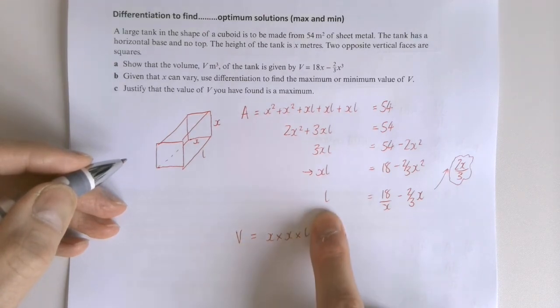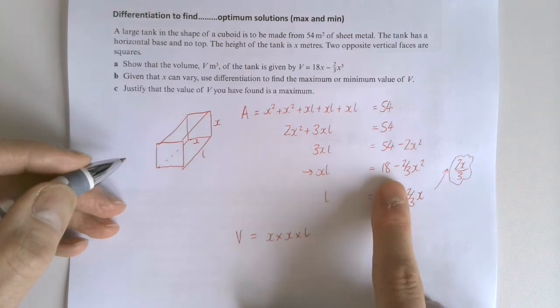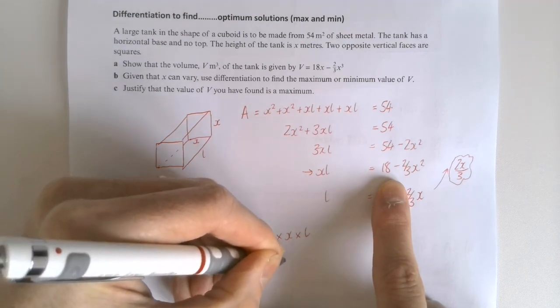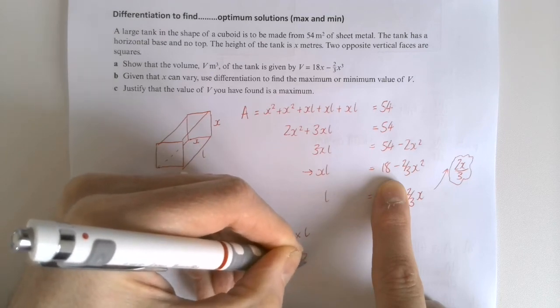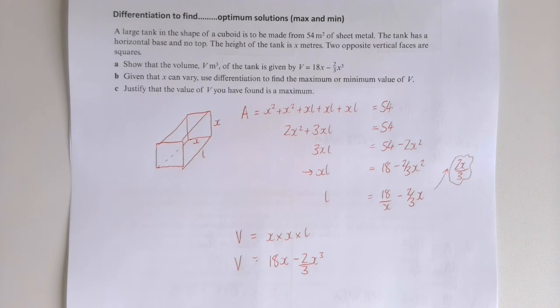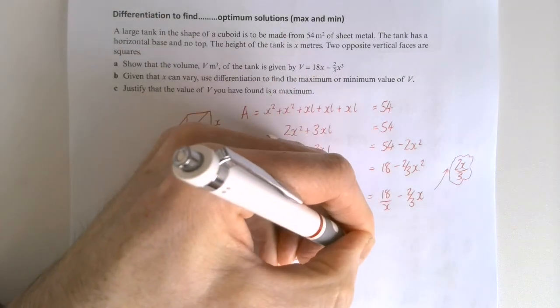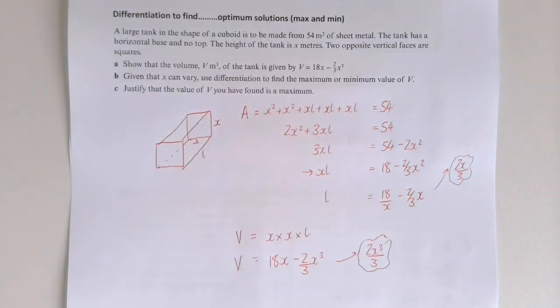So actually I don't need to use this version of L. I can just say, okay, the volume is x squared times L, which is x times xL. So the volume is that multiplied by x. And I've written it like that because that's the way they've written it, but remember that's the same as this. It means the same thing. So these two things are the same.